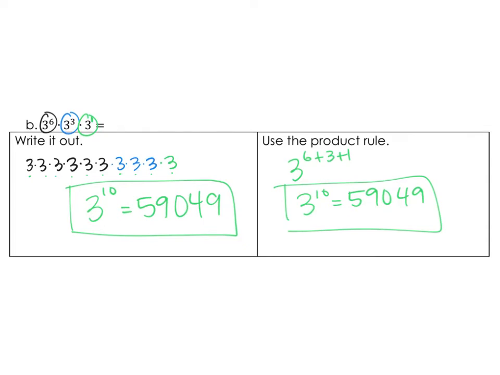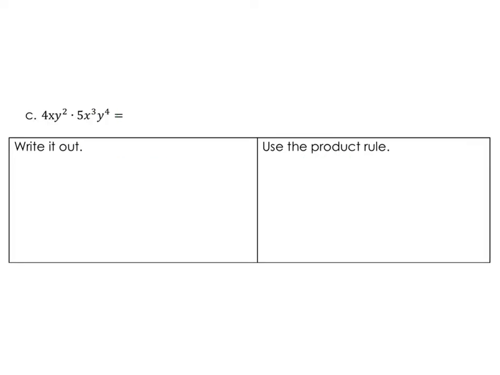Okay, let's look at another example. Now we're adding x's, y's, and numbers all in this situation. So with the first one, I have a 4, and how many 4s do I have? Well, this 4 has an exponent of 1. So I'm going to put a 1, 4.